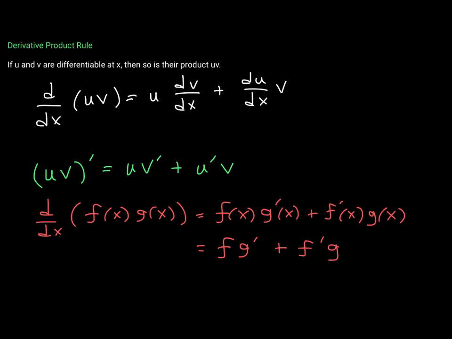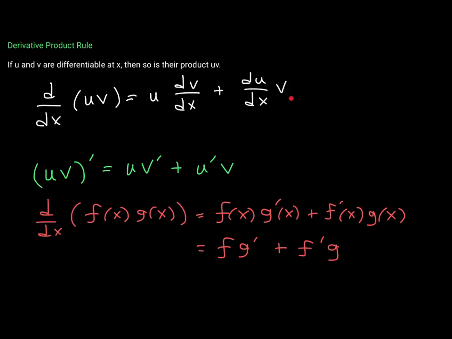If u and v are differentiable at x, then so is their product. The derivative of this product, u times v, where u and v are functions of x, is equal to u dv dx plus du dx v. In other words, it's function u times the derivative of v plus the derivative of u times v.